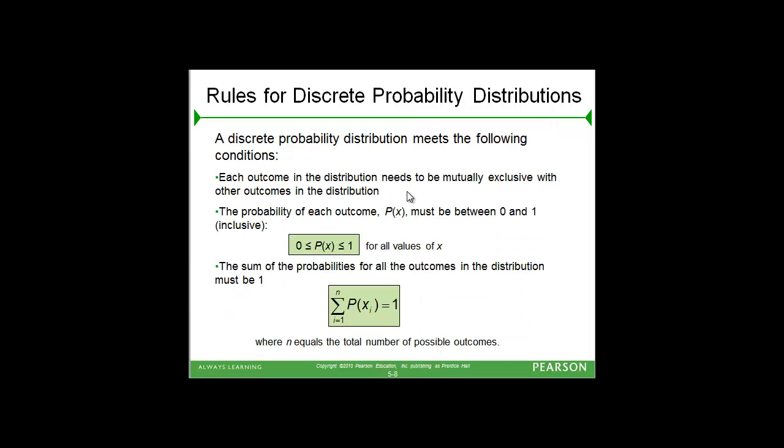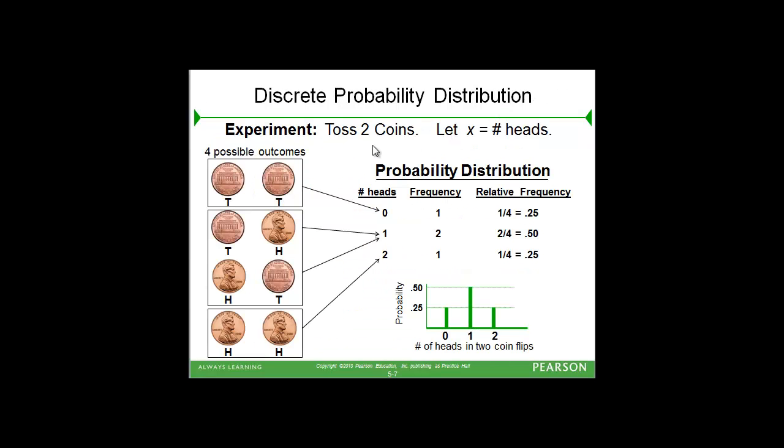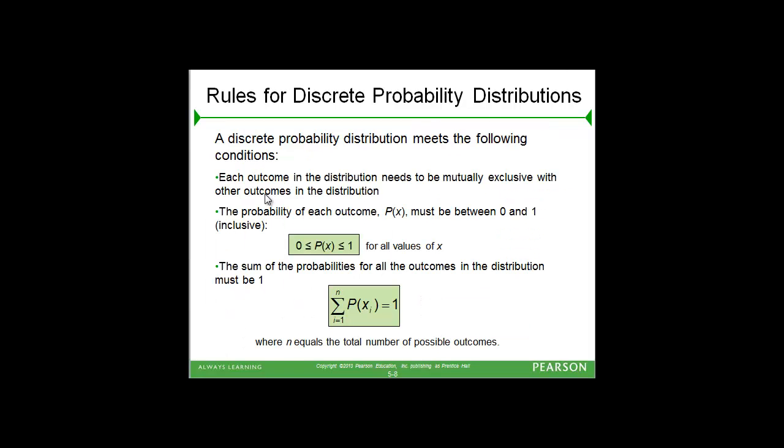Here are the conditions that discrete probability distributions meet. Each outcome in the distribution needs to be mutually exclusive with the other outcomes in the distribution. What does that mean? That means this outcome and this outcome cannot happen at the same time. Second, the probability of each outcome must be between 0 and 1.